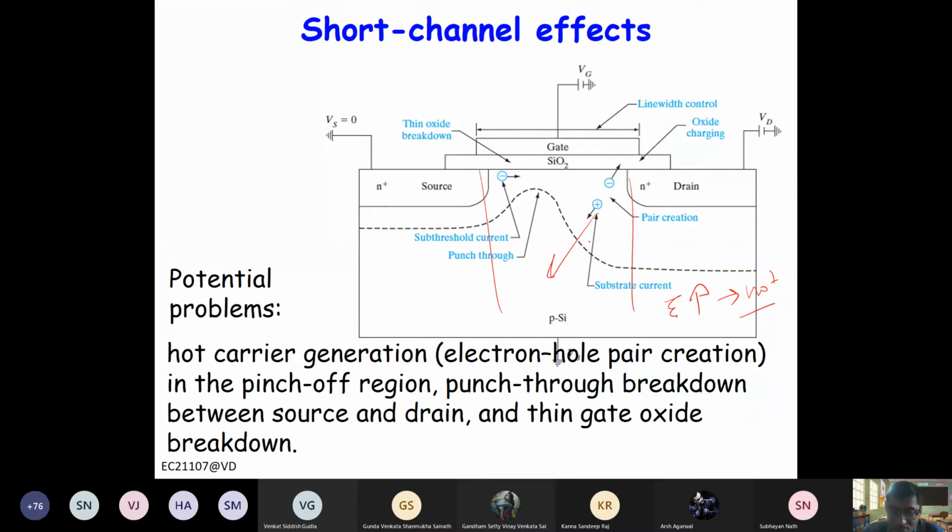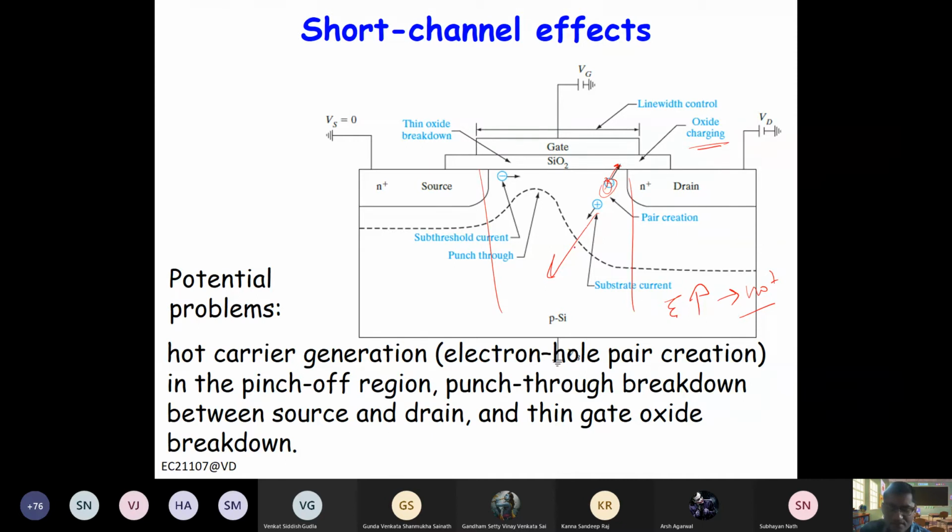So the substrate current increases, and that is one of the signatures of the short channel effect. And a negative charge can go into the oxide and become oxide trap charge. If it is oxide trap charge, it will increase the threshold voltage, because more negative charge here increases the threshold voltage, and it will reduce the transconductance.